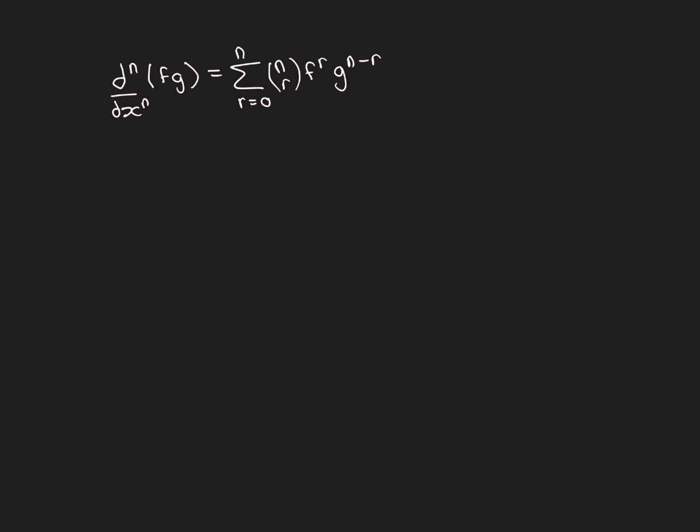So for a proof by induction, we need to prove it in the base case, i.e. we need to prove that it holds true for 0, and then we assume it's true for some n equal to k, and we then want to prove that it's true for n equal to k plus 1. And then an axiom of logic, known as the axiom of induction, tells us that then it's going to be true.